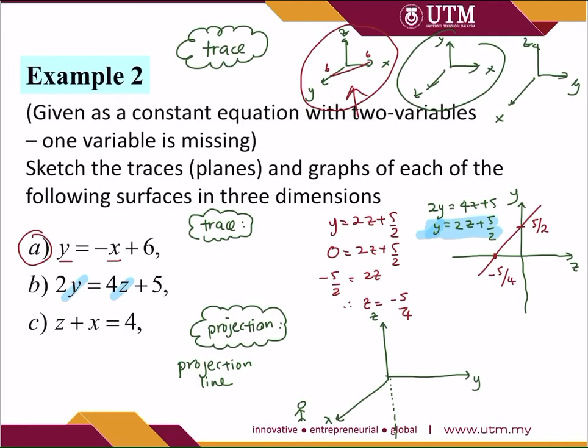Let's change z and y, it's easier for us. So we have z negative, y positive. We can sketch like this. Here is 5 over 2, here is negative 5 over 4.